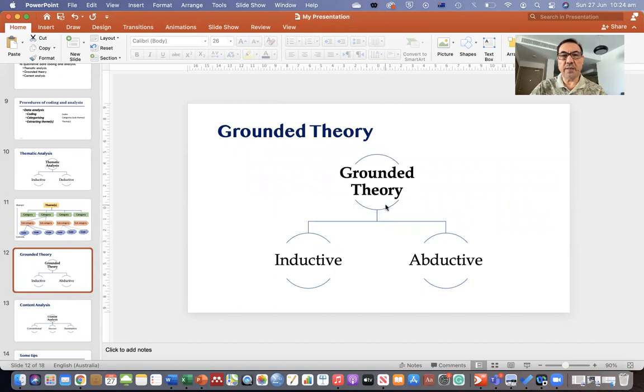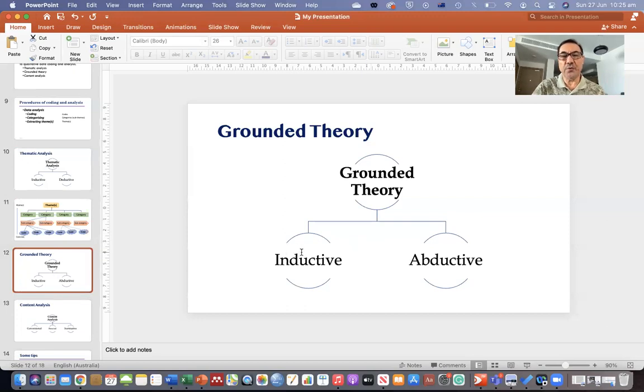Like thematic analysis, grounded theory could be done through two techniques. One is called inductive, exactly the same as inductive thematic analysis, that is a bottom-up approach, but also abductive. So here, instead of deductive, we have abductive. And although Glaser and Strauss initially collaborated with each other to theorize grounded theory, later on they departed from each other.